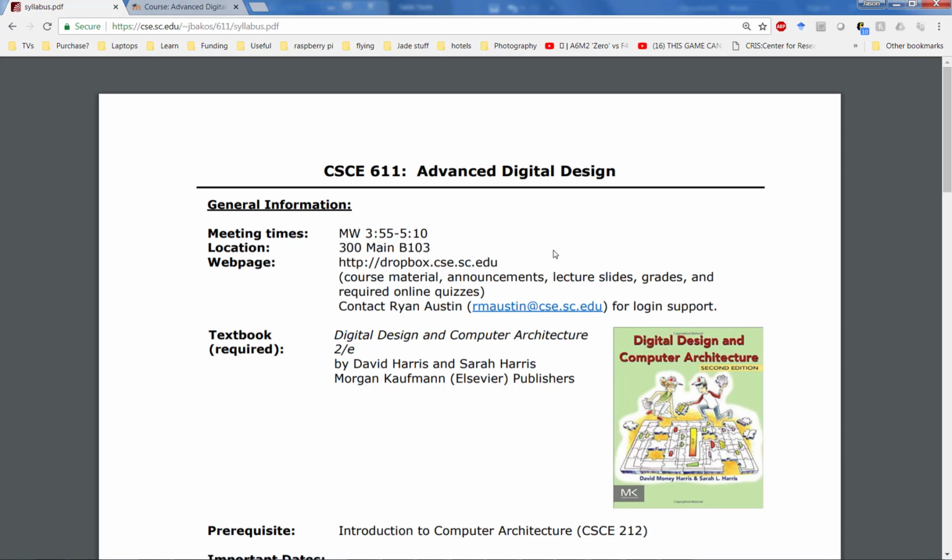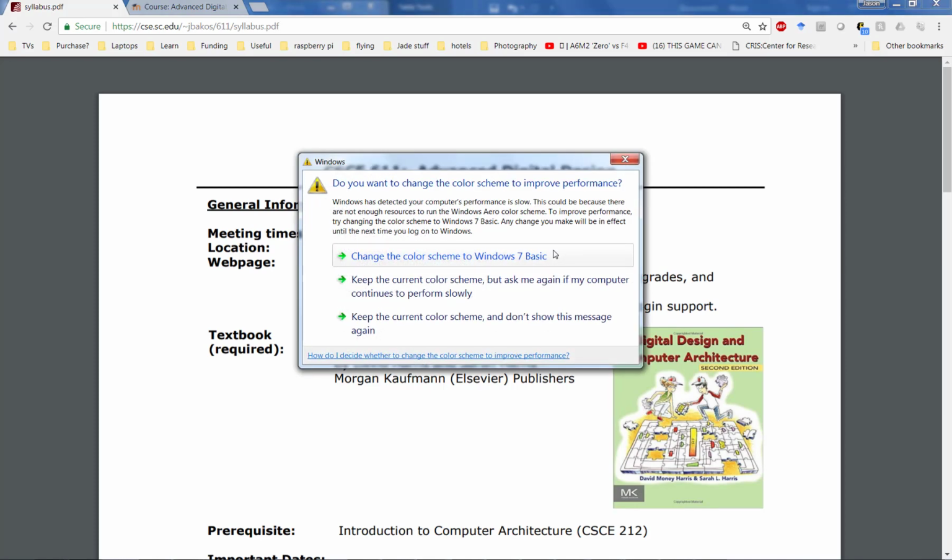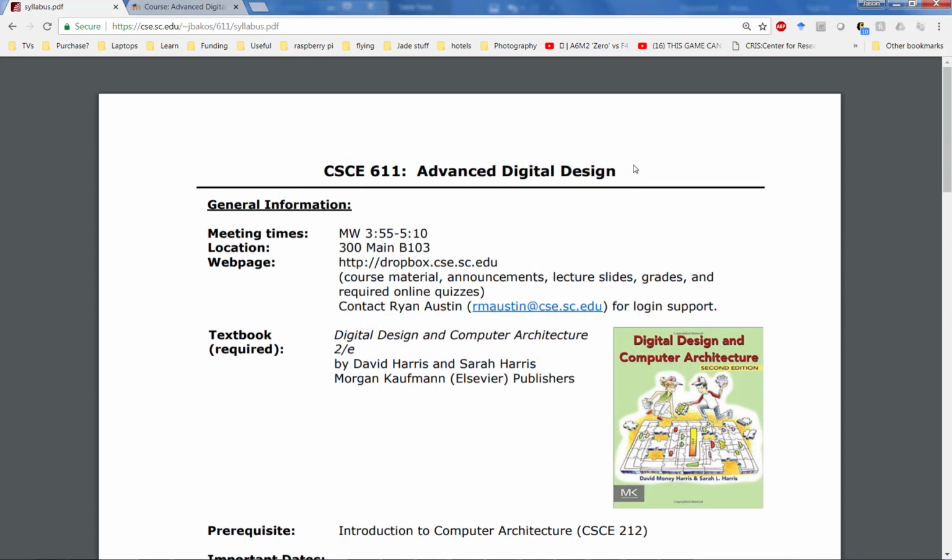If you have any problems logging in, please contact our departmental IT director, Ryan Austin, at his email address rmaustin@csc.sc.edu.